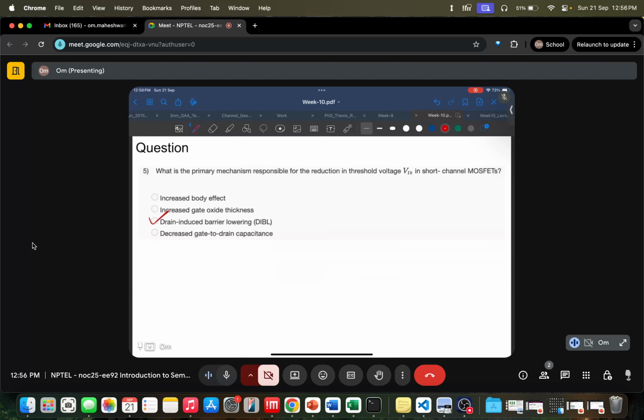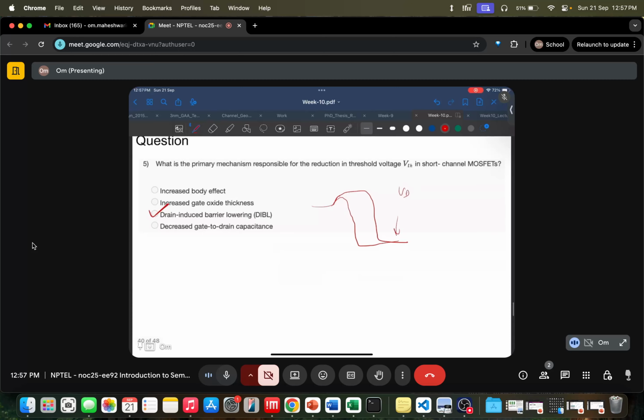The same MOSFET we saw in a long channel MOSFET when we apply drain voltage VD, and in a short channel MOSFET when we apply the same drain voltage, you see there is a reduction in this barrier, which reduces the threshold voltage.